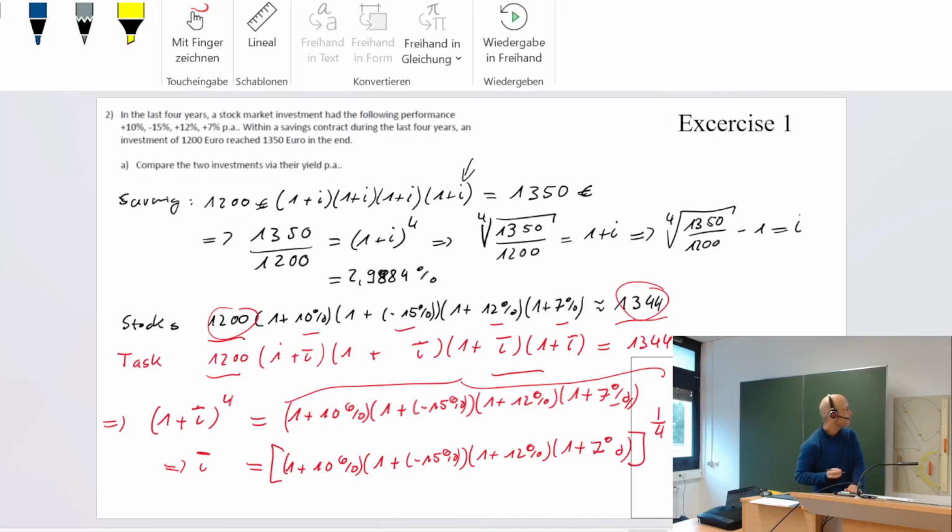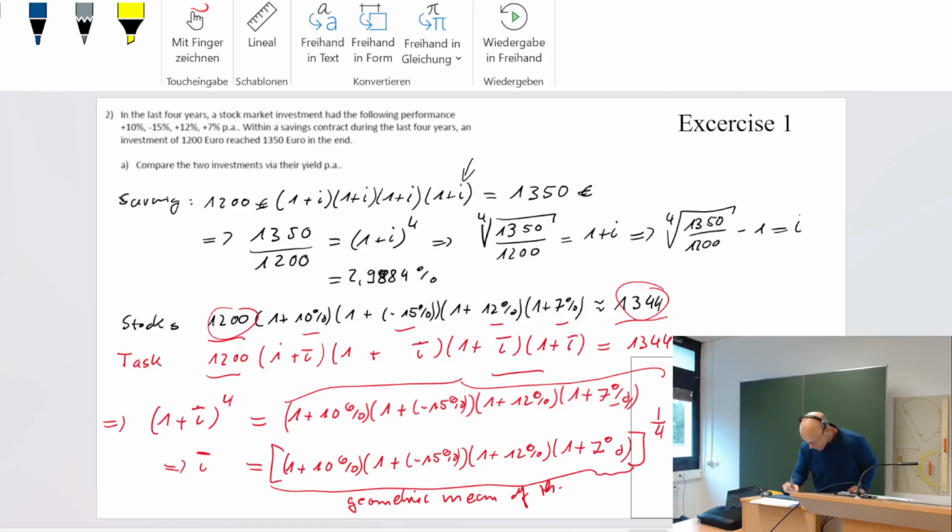Okay, and what we have done here is that we have calculated the geometric mean of the yield factors.